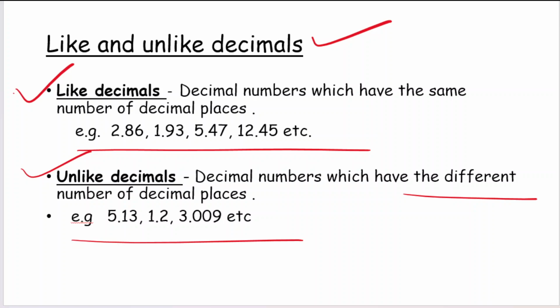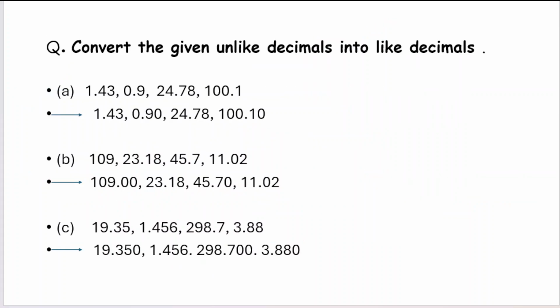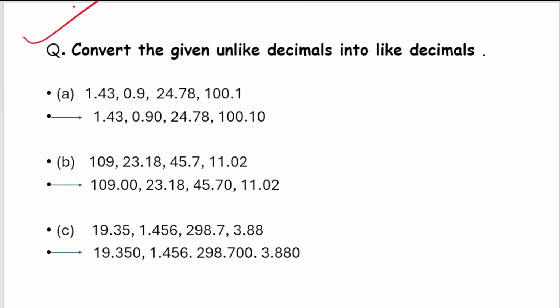Now, let us quickly look at one or two sums related to this topic. Now, the question here is, convert the given unlike decimals into like decimals. So convert means I am supposed to change. Now the unlike decimals are given in the question. I have to convert, change and make them like decimals.